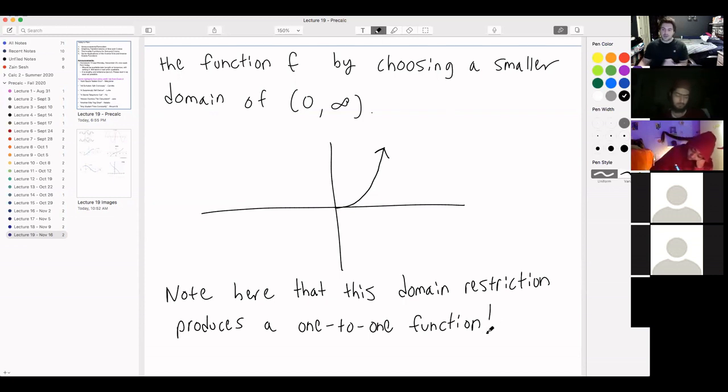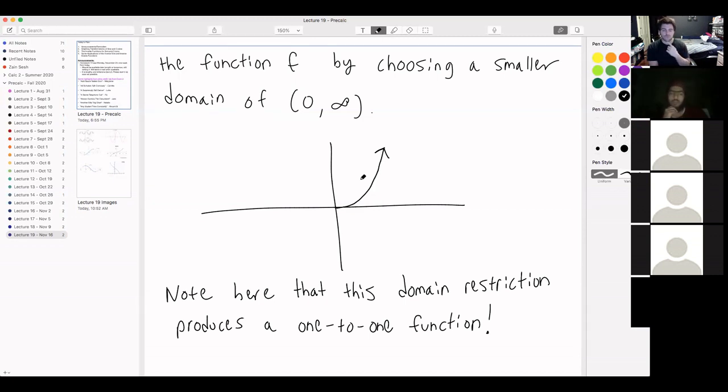That's why we sometimes wish to restrict the domain of a function. It's so that the function will become one-to-one on that smaller domain. And you can see now that the function x squared passes the horizontal line test on the smaller domain and hence is one-to-one.